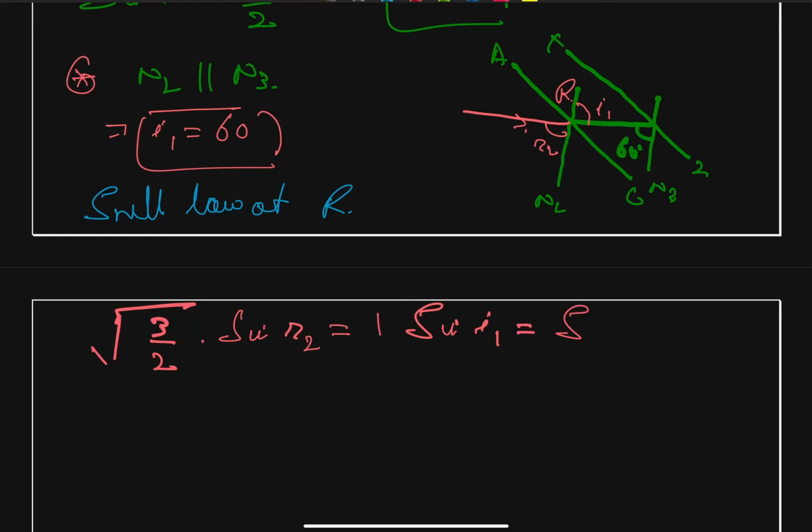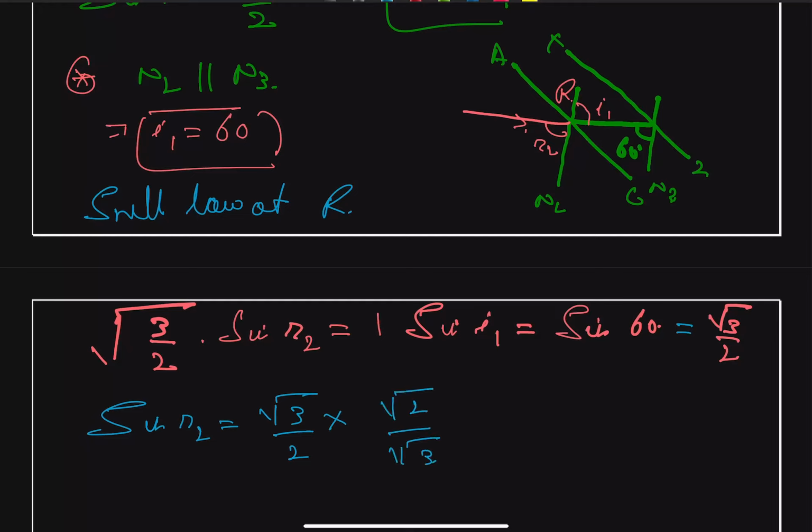Sine of I1 is sine of 60, and sine of 60 will be equal to square root of 3 divided by 2, and therefore we can write that our sine of R2 will be equal to square root of 3 divided by 2 multiplied by square root of 2 and square root of 3.